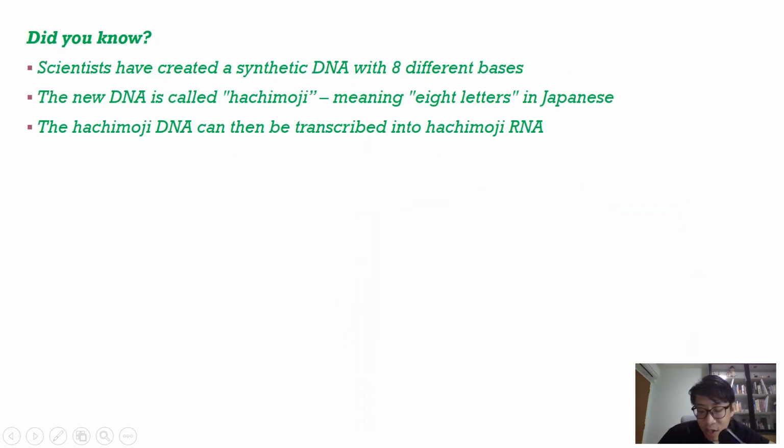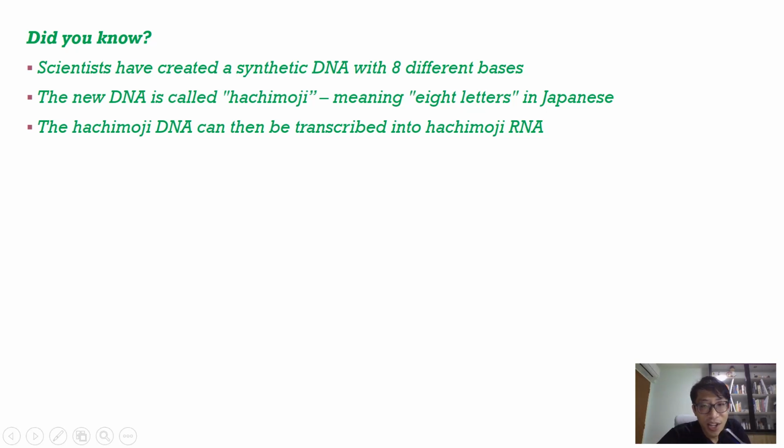So that would be the genetic code normally, but then scientists like to make new things. There are scientists, I think in Japan, that have made a synthetic DNA with 8 different bases. They gave it a Japanese name, Hachimoji. It sounds quite nice, which means 8 letters. This DNA is fully functional.